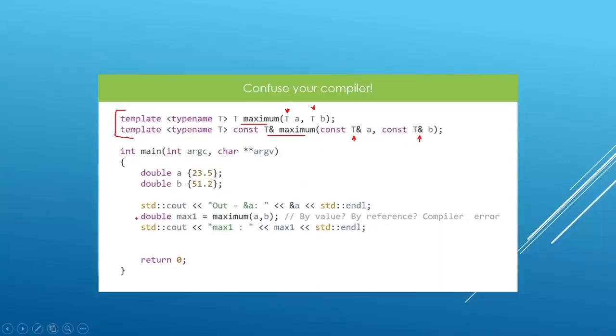And if we issue a call like this, we're going to have the same problem we have seen with function overloads before. This is not going to know whether you are calling by value or by reference, and this is going to cause a compiler error. I really want you to be aware of this. Okay, now that you know this, we're going to head over to Visual Studio Code and really play with this a little more.